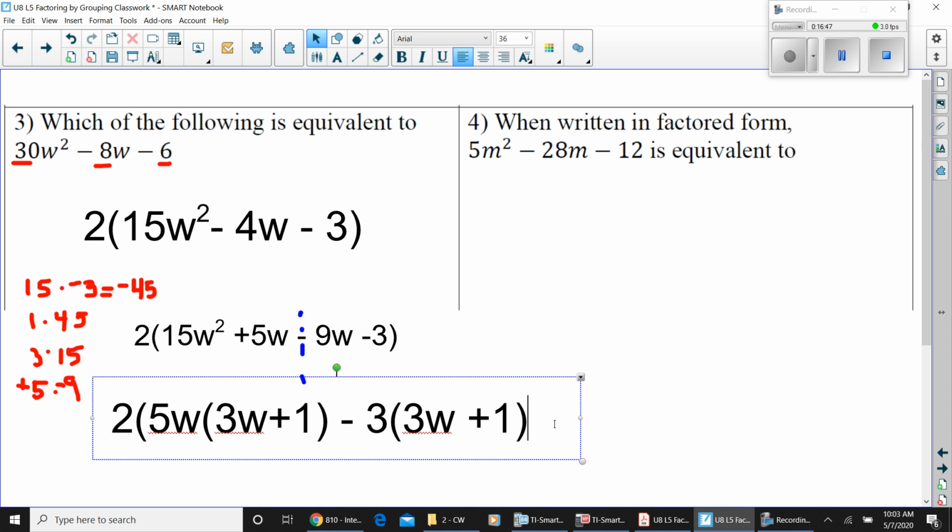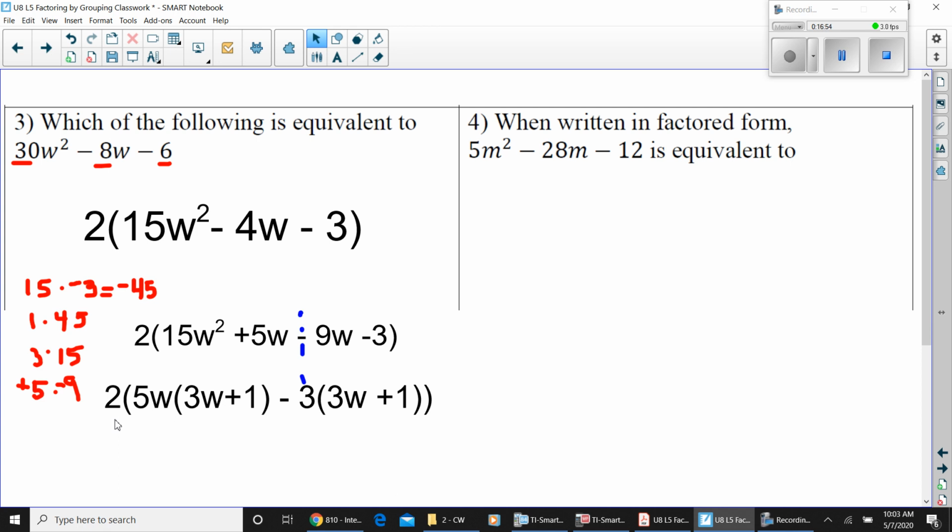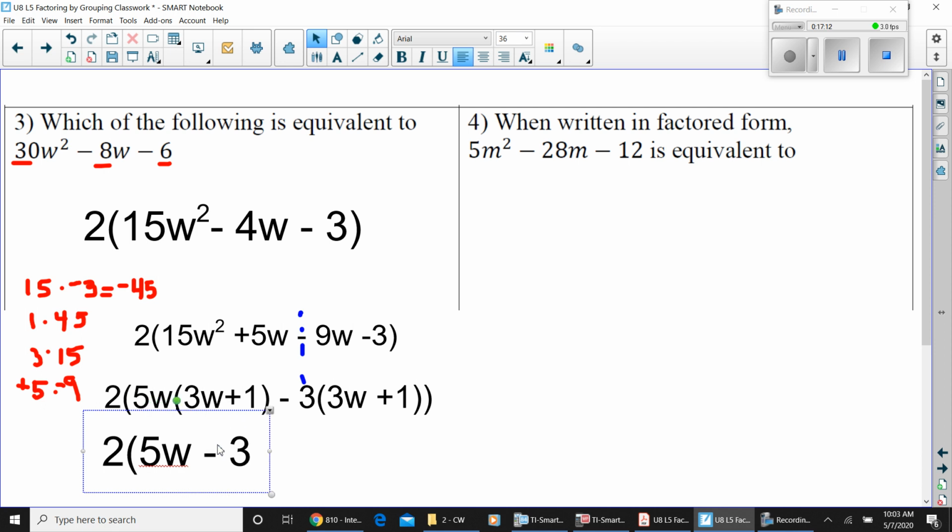So this might look confusing to you, but it'll get less confusing. Leave that out there. Bring this over here. This is going to be your answer. Then you take the terms outside the main parentheses. You have the 5w and the minus 3. Make that a binomial, just like you normally would.